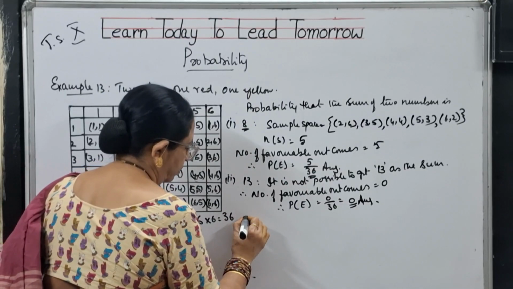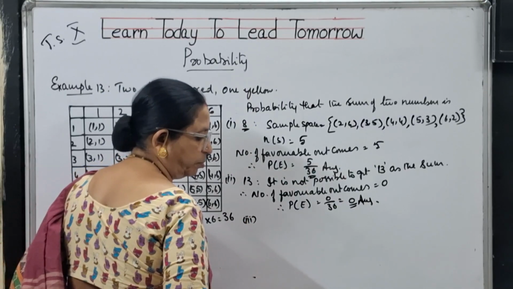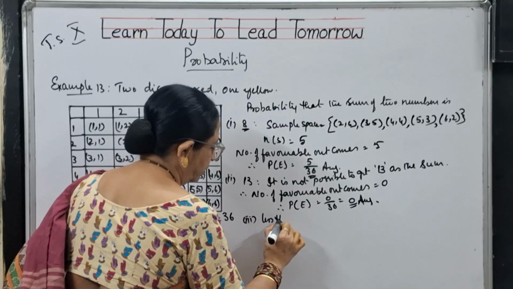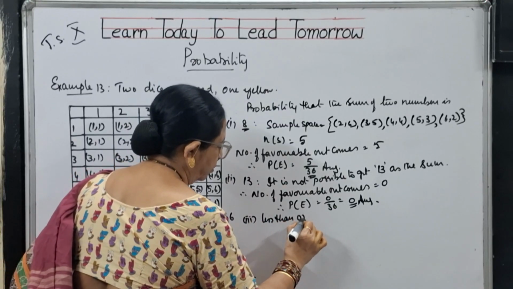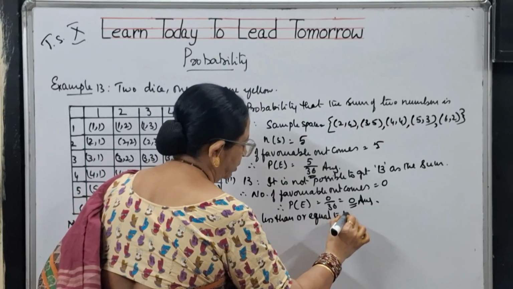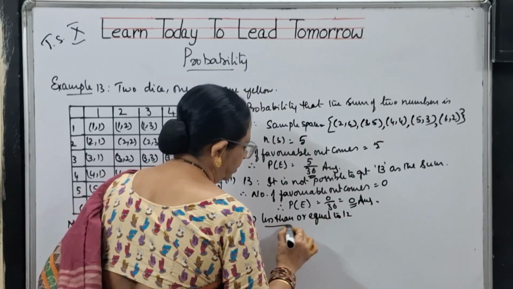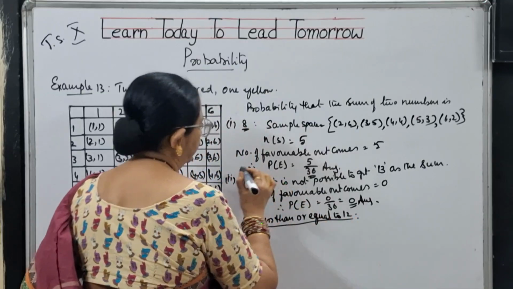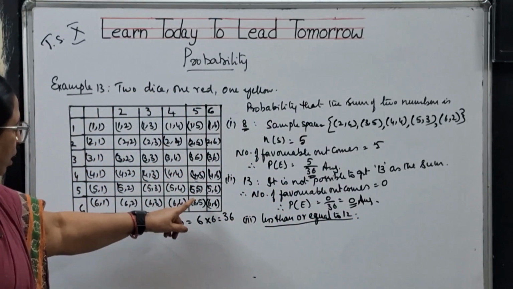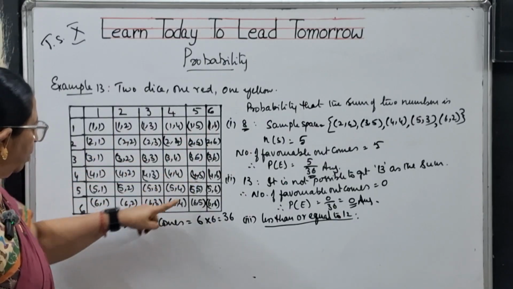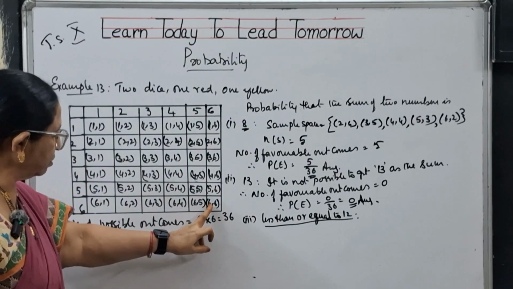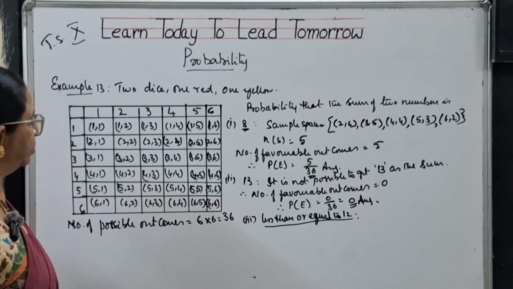Now, third bit. Third bit is less than or equal to 12. Less than or equal to 12 means, see here, all these values are either less than or equal to 12 because the last one 6 comma 6 is 12.